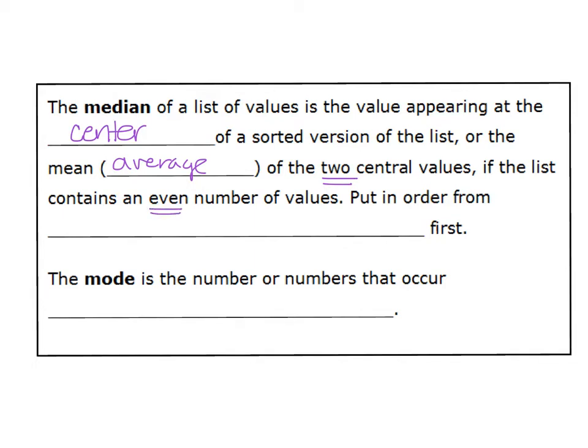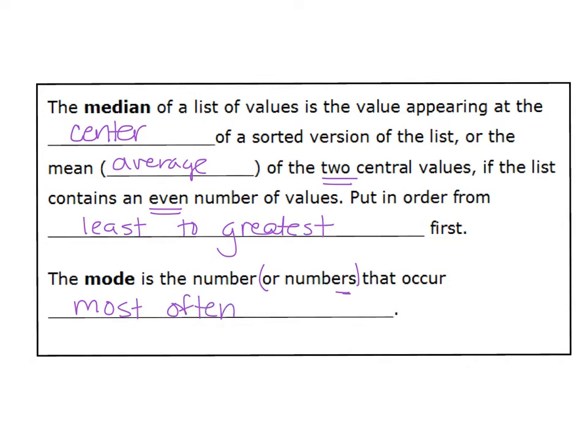Put in order from least to greatest. Do that first. And the mode is the number or numbers, it can be more than one, that occur most often.